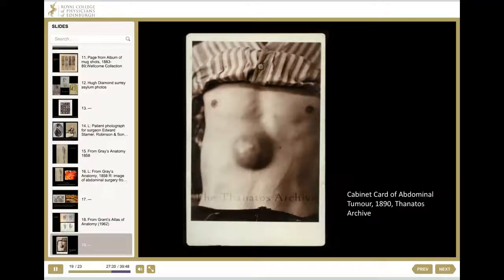Today, we might be inclined to read this selective photographic framing as related to concerns over patient confidentiality, but this wasn't a main concern for doctors or patients until the 1920s. At the time, these photographs were treated much the same way as a specimen. It's related to the individual, but it isn't part of them.